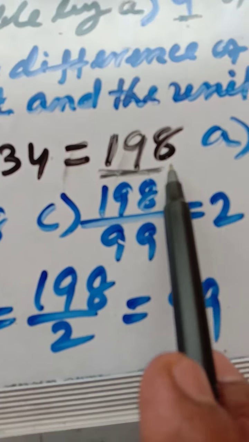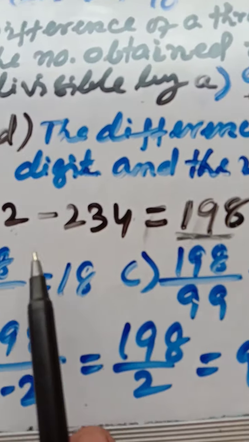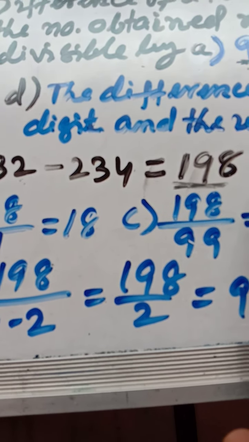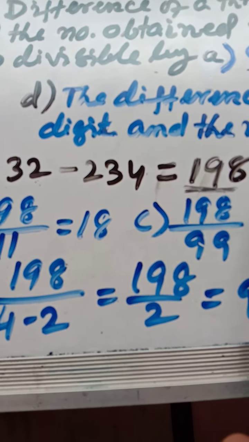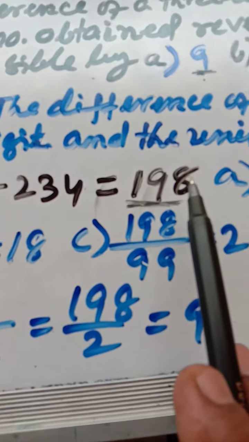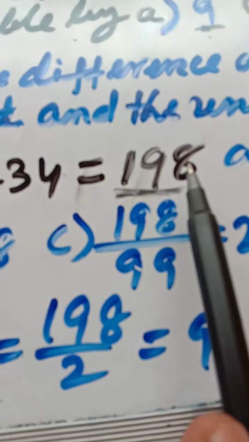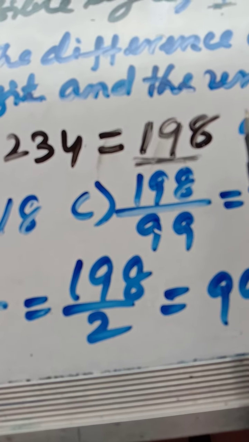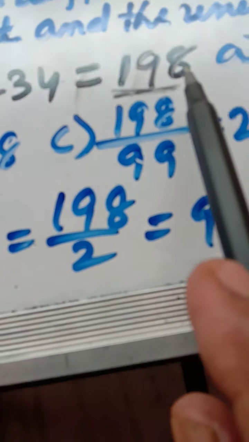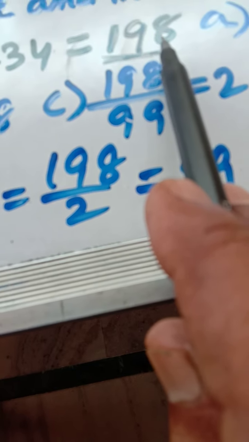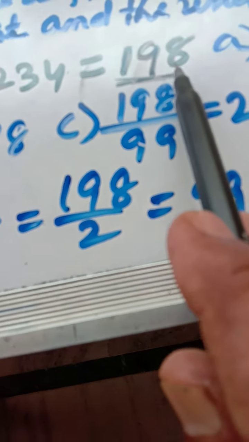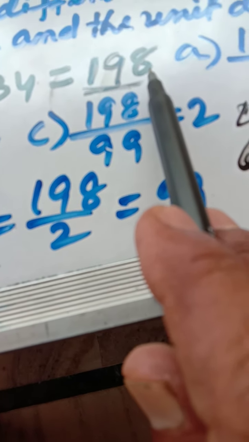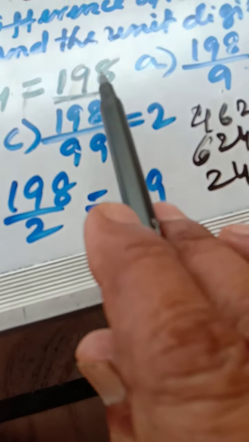This 198 is divisible by 9. Always the difference of a three-digit number and the number after reversing its digits will be divisible by 9. If you divide by 9, the result will be the difference of the digits into 11.